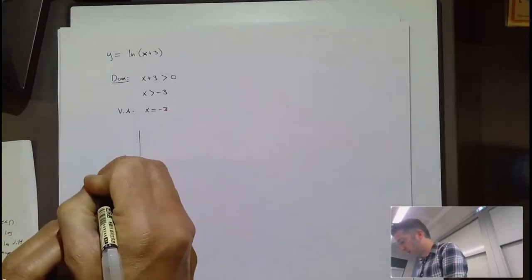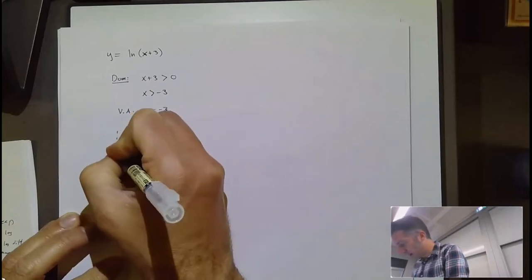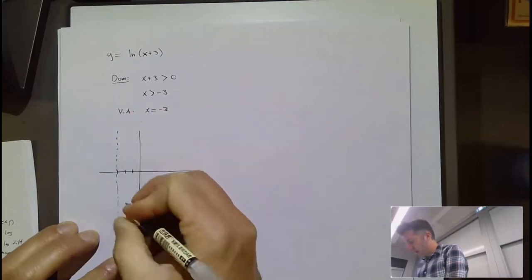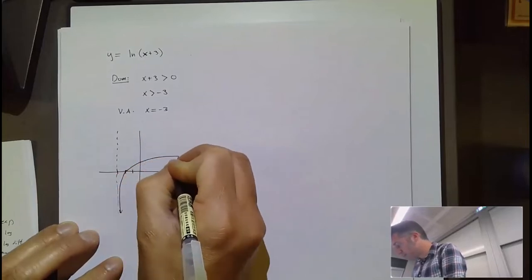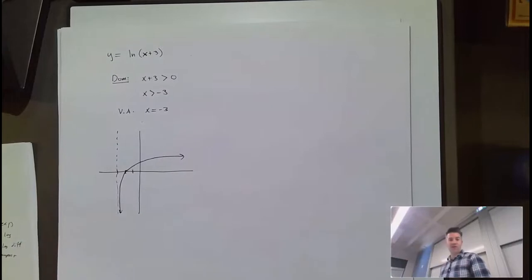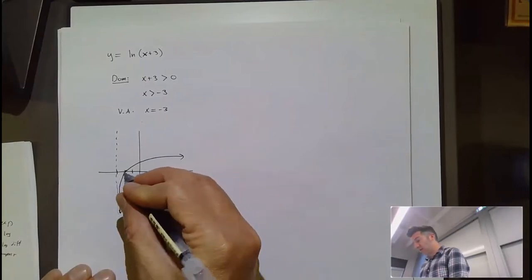So graphically, I'm shifting 3 to the left. That's where my new vertical asymptote lives. And then it's going to have the usual shape. How did I know it went through that point (-2, 0)? Well, because my x-intercept also shifted 3 to the left. So my previous x-intercept was 1, and I went 1, 2, 3. Oh, it's going to be -2.